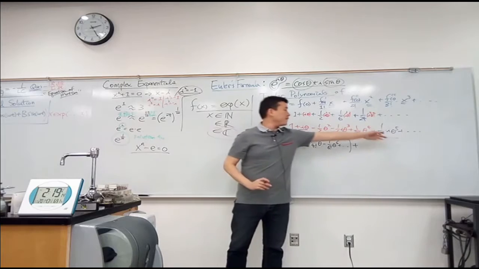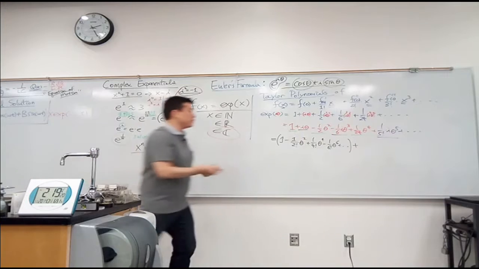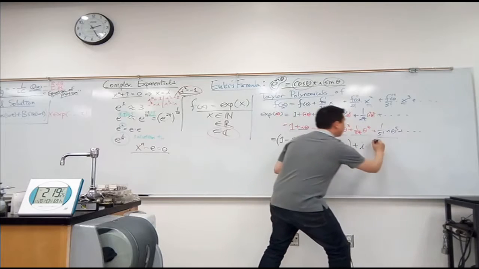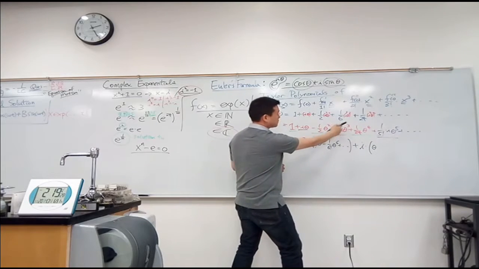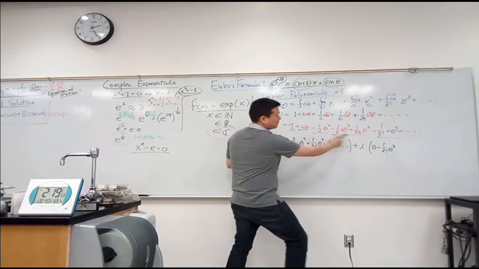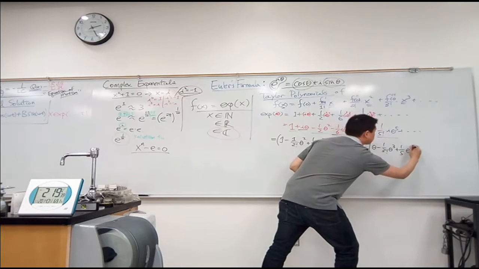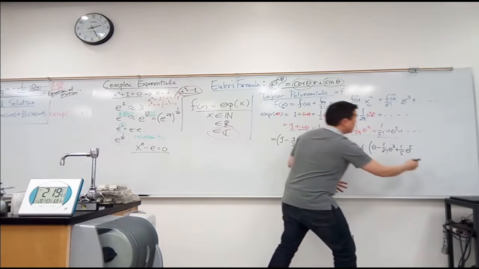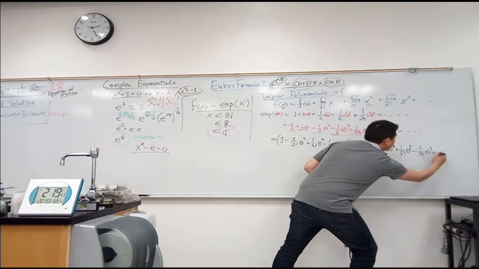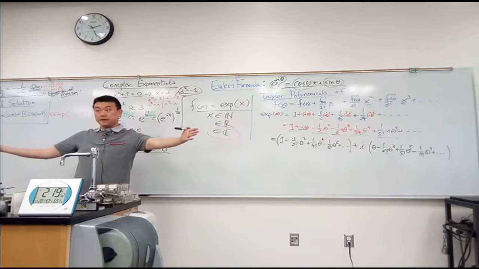Since they all have I in them, let's factor out I. So it'll be I times the rest of the terms: theta minus 1 over 3 factorial theta cubed plus 1 over 5 factorial theta to the 5th power, and if I keep going, minus 1 over 7 factorial theta to the 7th, and it'll keep on going.